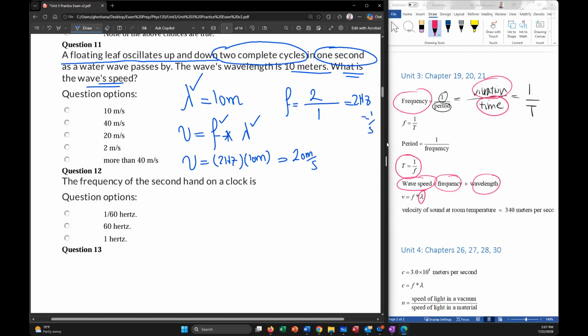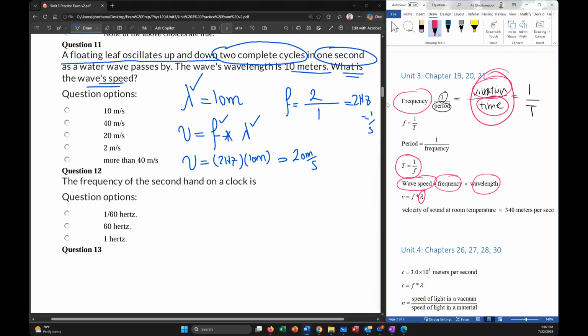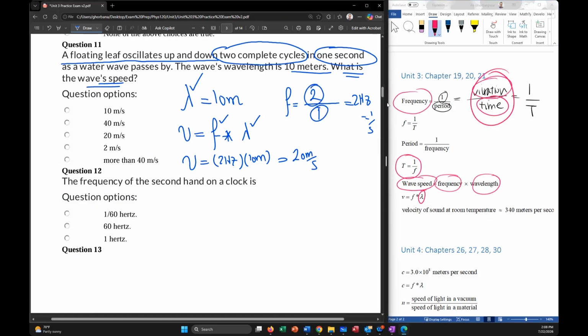We just said that frequency is number of vibration over time. How many complete vibration happen? Two complete vibration or cycle or up and down motion happening in 1 second. We just use this formula, vibration 2, how many second? 1 second. 2 over 1 is going to be 2 hertz frequency. And the velocity formula is frequency multiplied by lambda. 2 hertz times 10 meter is going to be 20 meter per second.